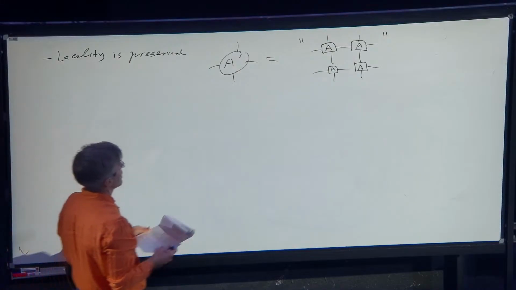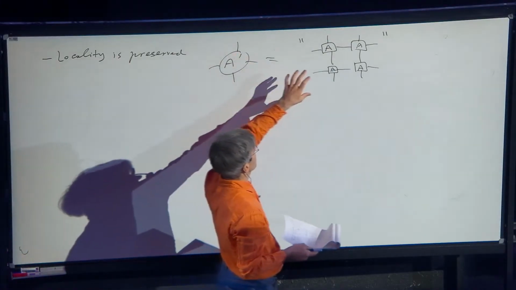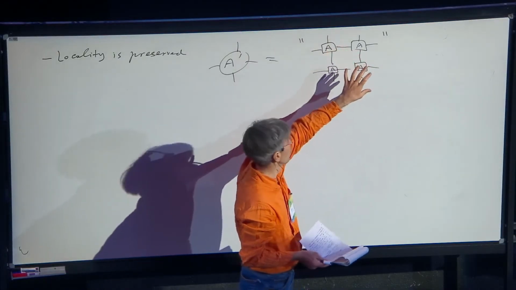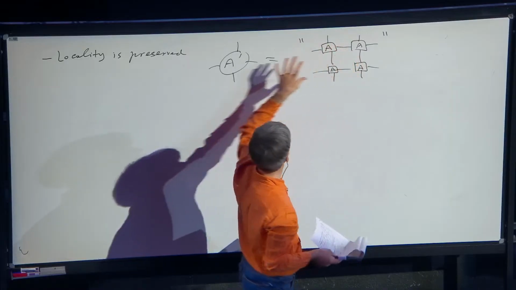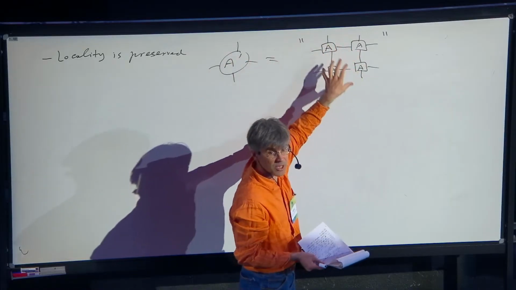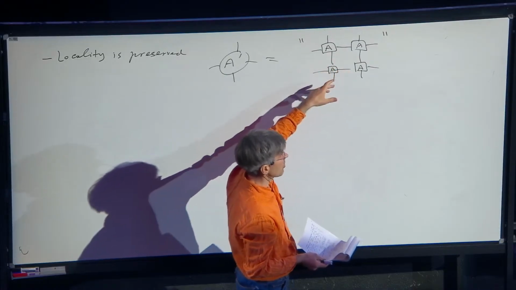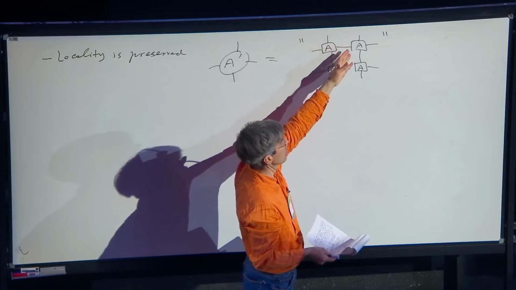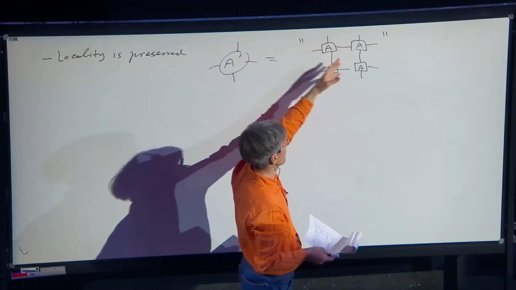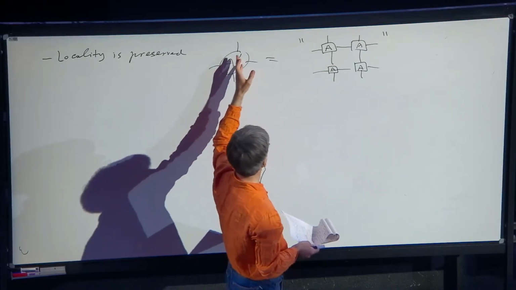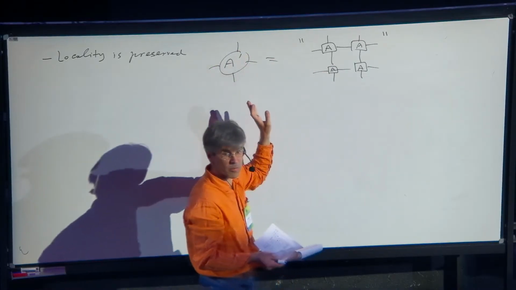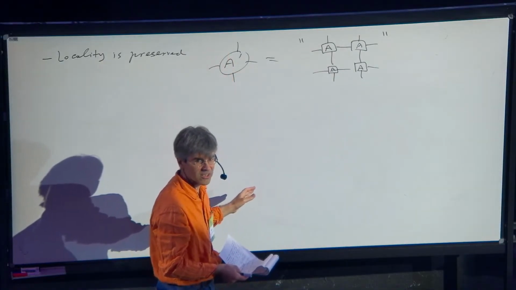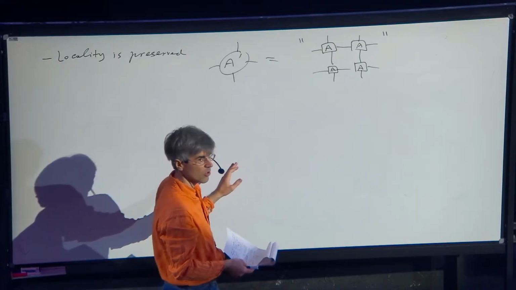But basically, A prime is going to be given by some operation performed locally on some portion of the network. So you can really figure out what your new A prime is by looking at a finite subset of the network. And in particular, we have this property that every A speaks only to nearby A's in the original tensor network. After you're done performing the summation, A prime is going to again talk only to 4 A primes nearby, and there's not going to be some A prime talking to another A prime 10 lattice sites apart. In fact, this is a very important property of locality.